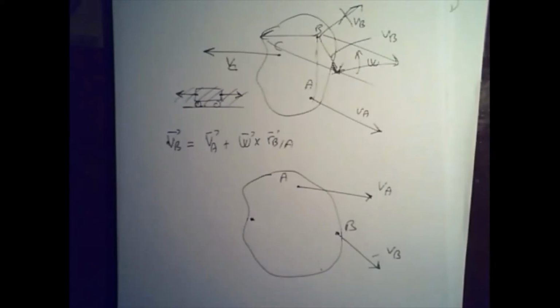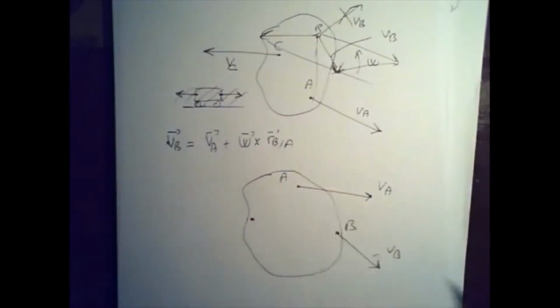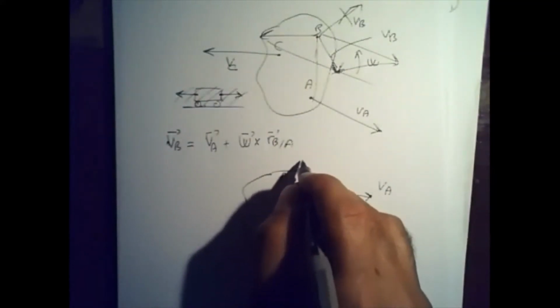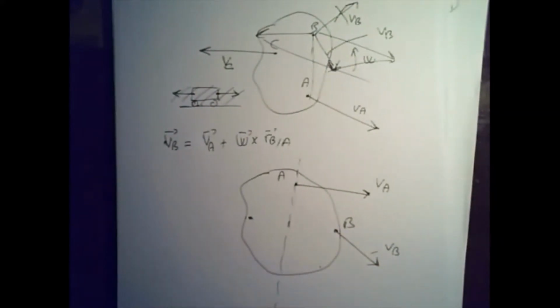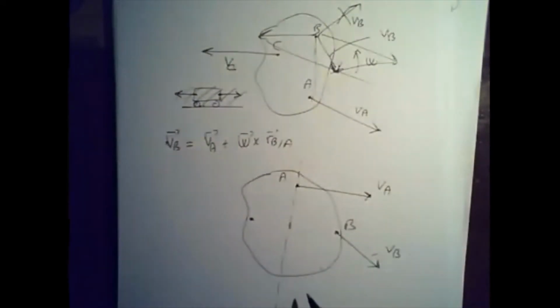The first step is I need to find the location of the instantaneous center of rotation. And to do that, the instantaneous center of rotation will always be located at the intersection of the common perpendiculars to the velocity vectors. So this is the velocity at A. Then this is going to be the line where the instantaneous center is located.